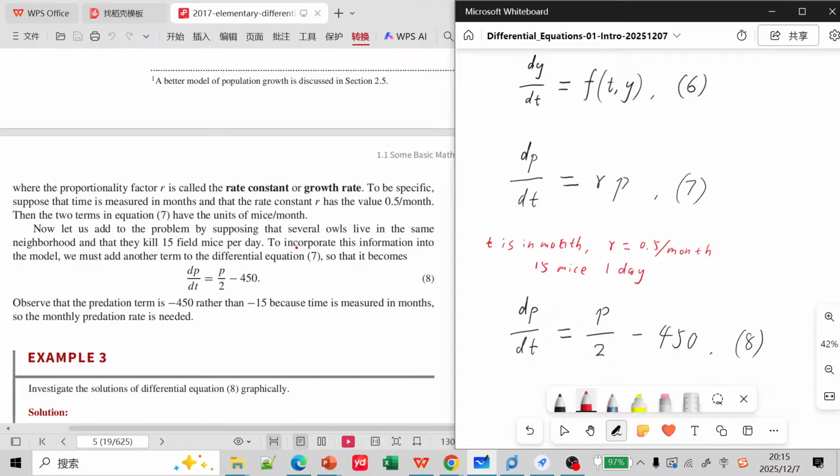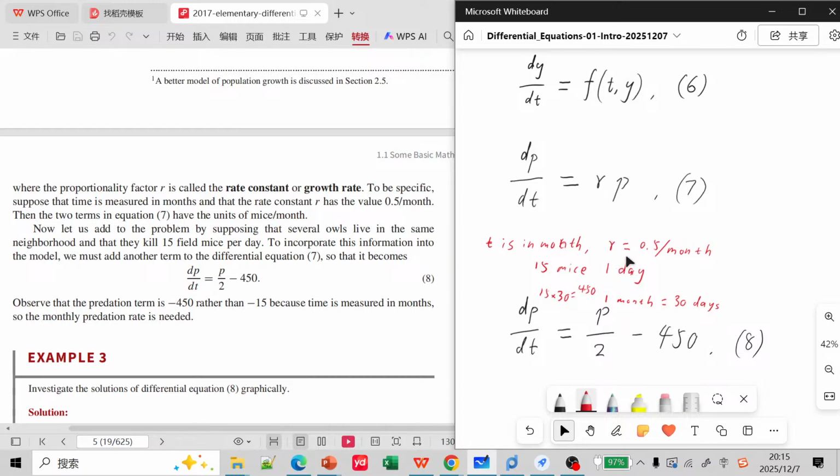So we want to know what is a month and how many mice. A month is equal to, let's say, 30 days on average. So 15 mice per 1 day. What corresponds to 30 days? That is 15 times 30, and this is 450 mice per month.